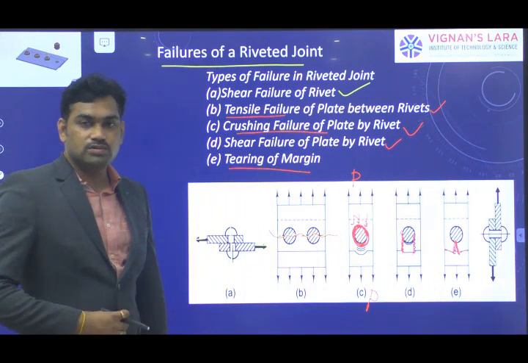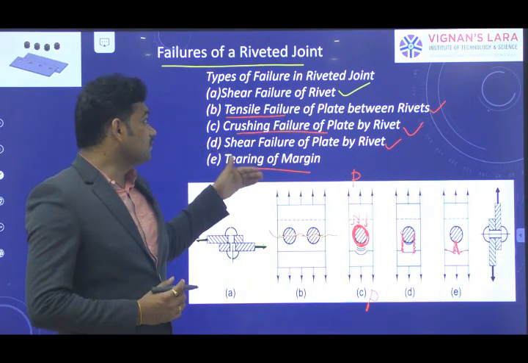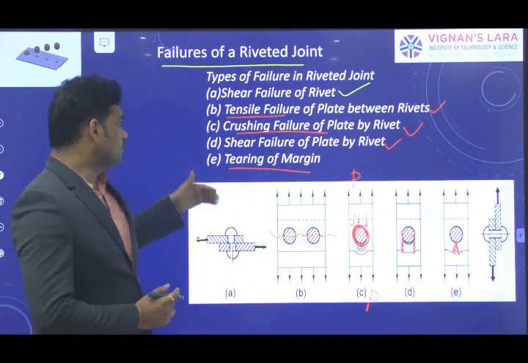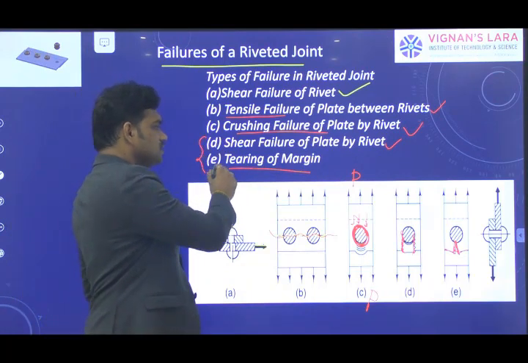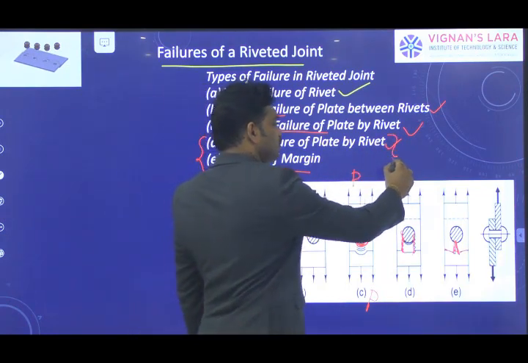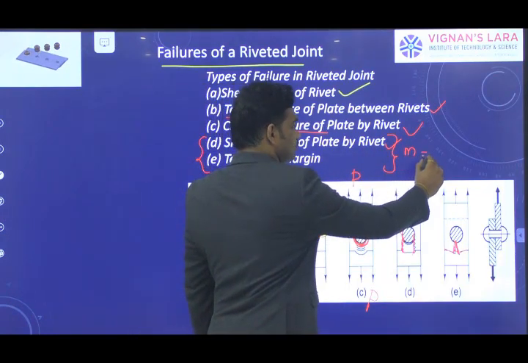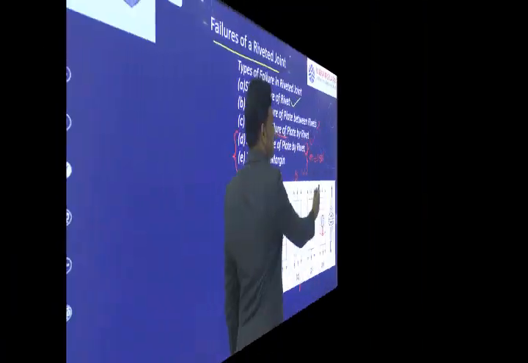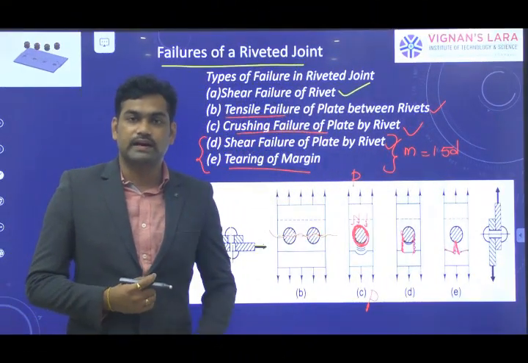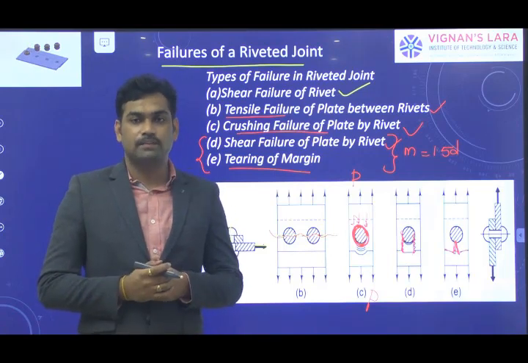In the design of riveted joints, out of these, 2 failures can be eliminated by providing a proper margin, that is m. We know the proportionate value is 1.5 times d, 1.5 times the diameter of the rivet.